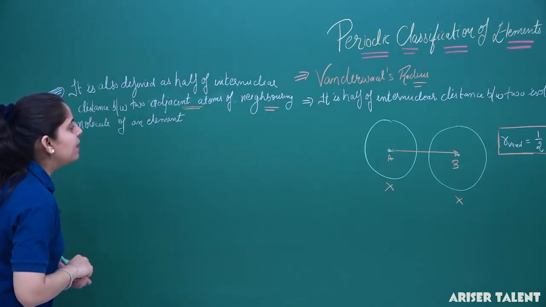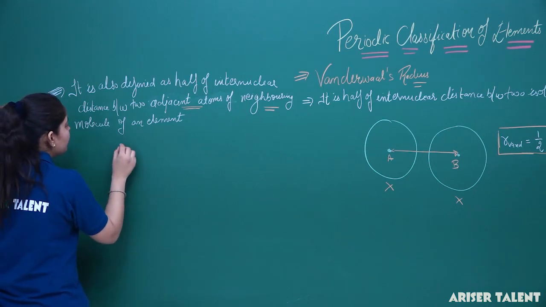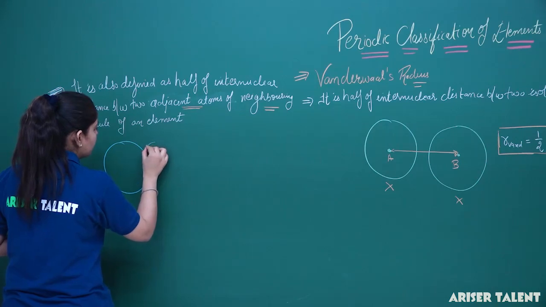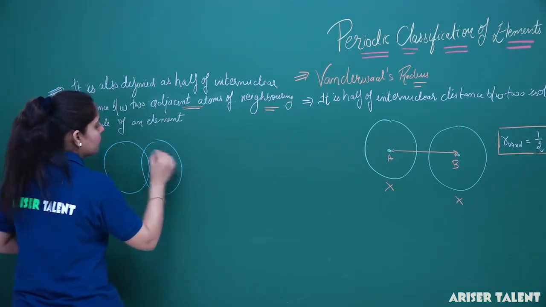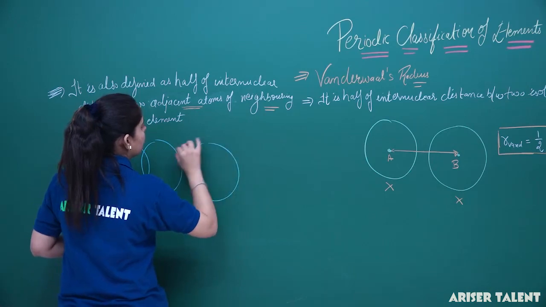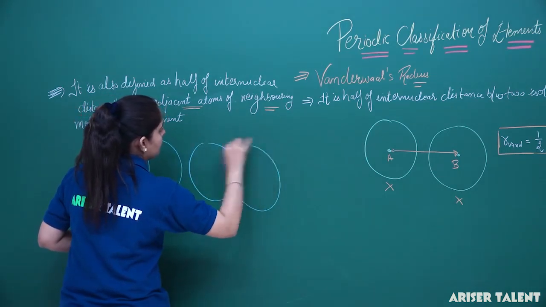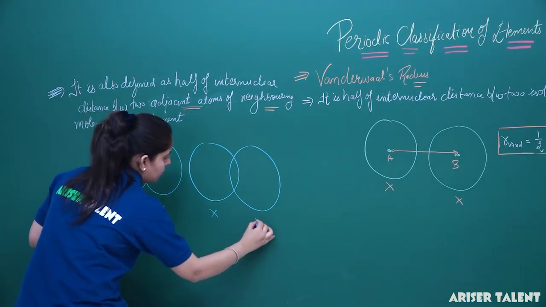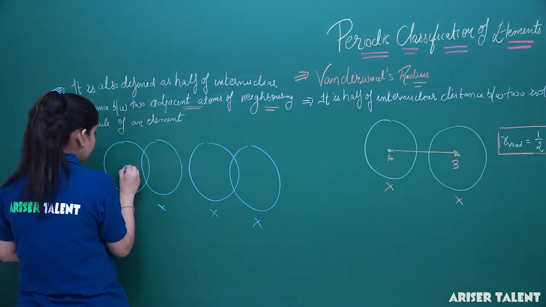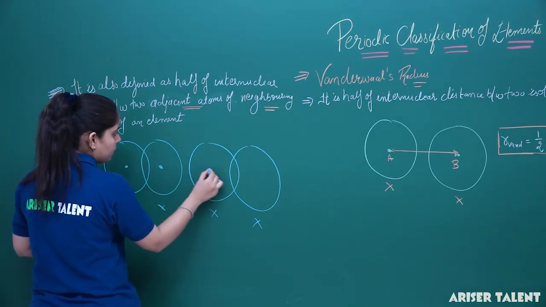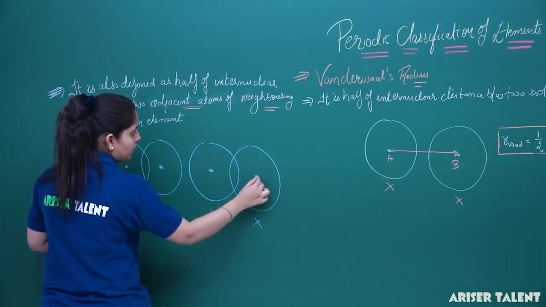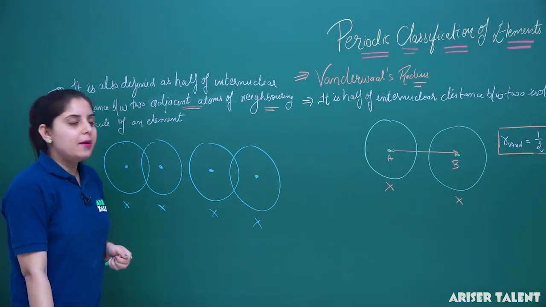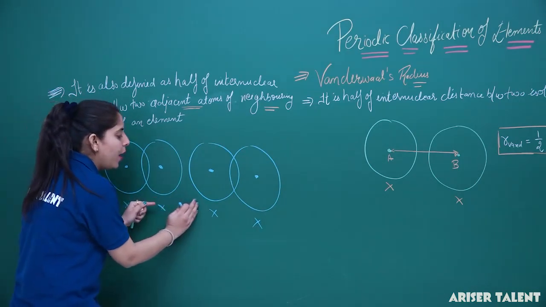Now, how can we consider the neighboring molecule? Suppose we are having a structure. Now you can see that here I have drawn the atoms, and these are the two adjacent atoms.